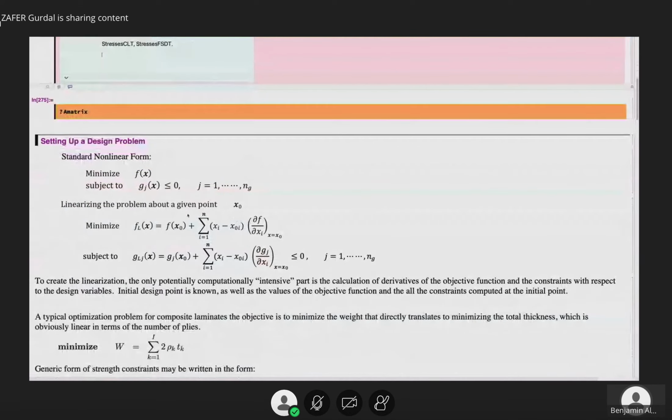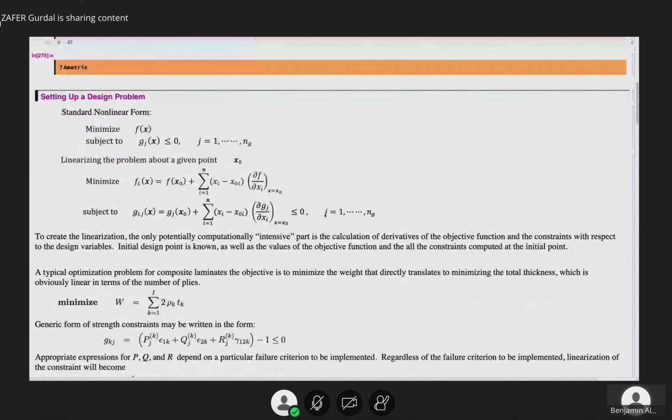All right, so this was setting up a nonlinear function, which is the failure strains or failure stresses. These are nonlinear functions, but we're going to linearize them if they are nonlinear. And if the objective function is linear, which it will be if you use the thicknesses, you won't need to do this linearization for the objective function.